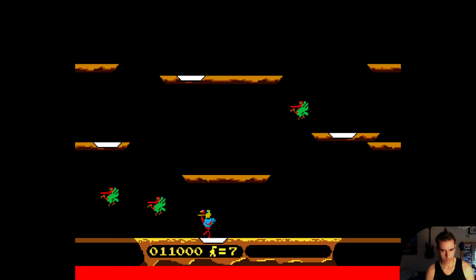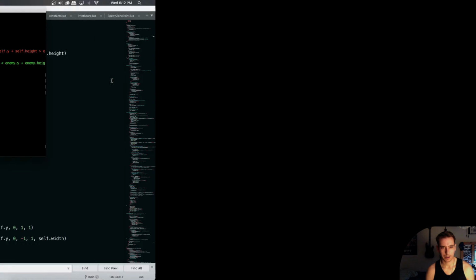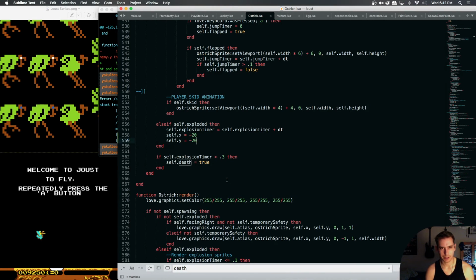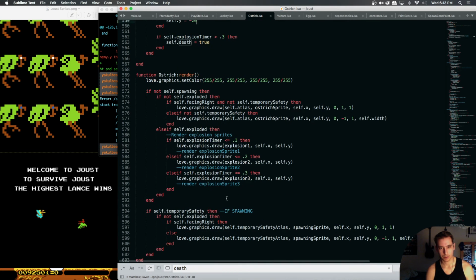See that? He kills us. See, but I'm not seeing the explosion anymore. And that's because the explosion's rendering at our dead body's location, because we don't have a last X and last Y. So if we look at our exploded, we're drawing, oh my god, man.